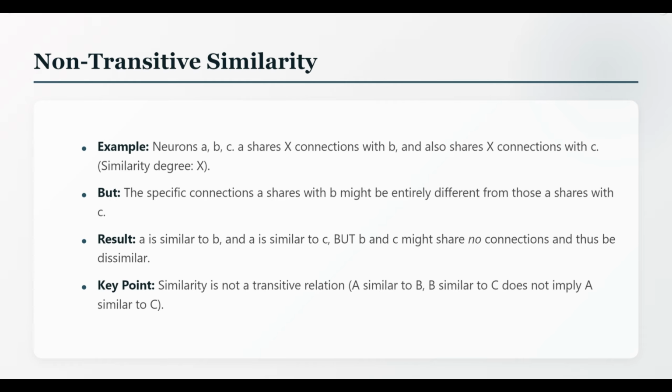This is a classic example of non-transitive similarity. Just because two things are similar to a third thing doesn't mean they're similar to each other. It's like saying apples and oranges are both fruits similar to bananas, but apples and oranges aren't necessarily similar to each other in all respects relevant to fruit classification.